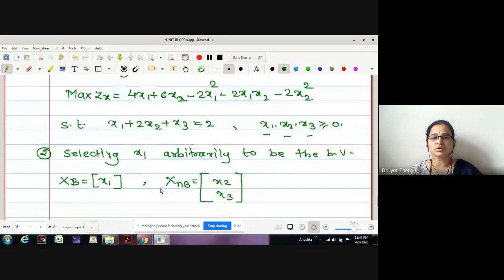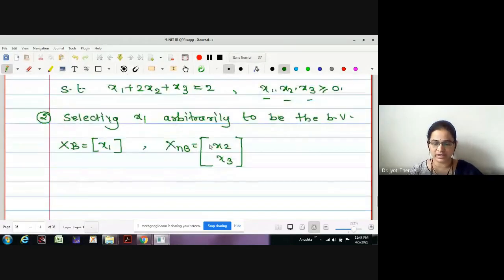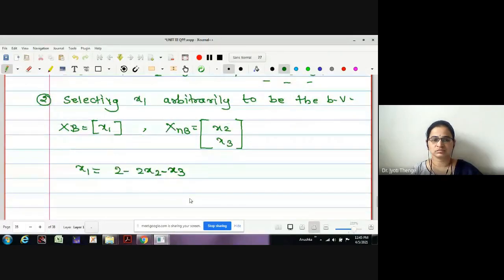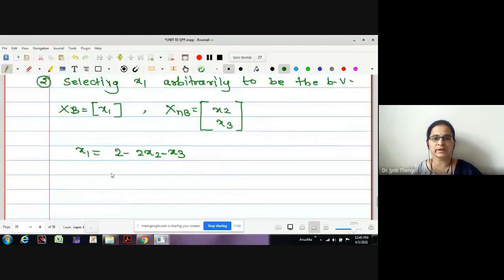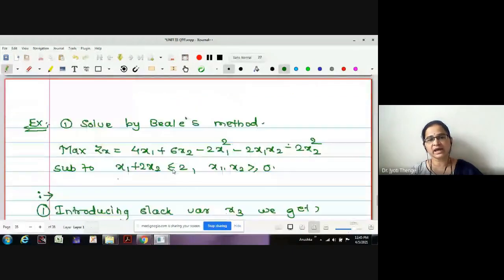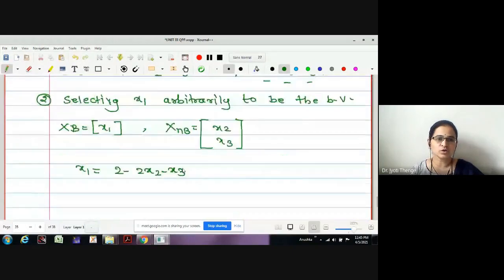In order to write x1 in terms of x2 and x3, we will take the help of this constraint equality. Therefore, I can write x1 as 2 minus 2x2 minus x3. Correct, no? I have written the basic variable in terms of non-basic and then I will substitute in the objective function.